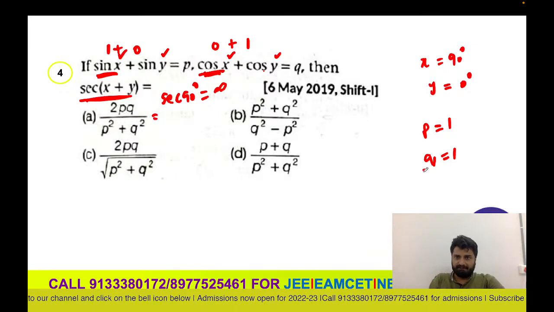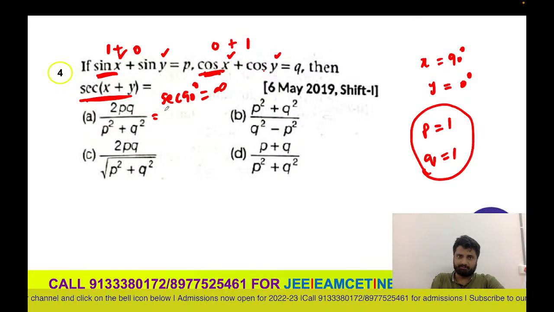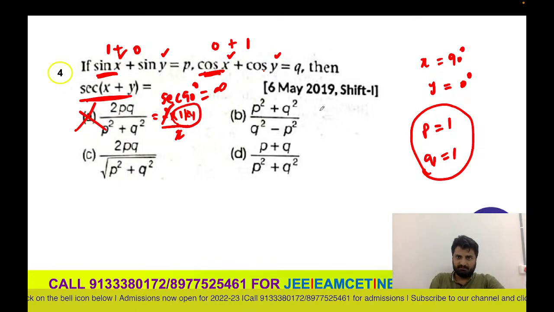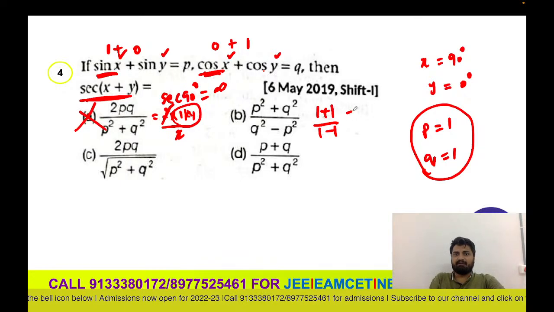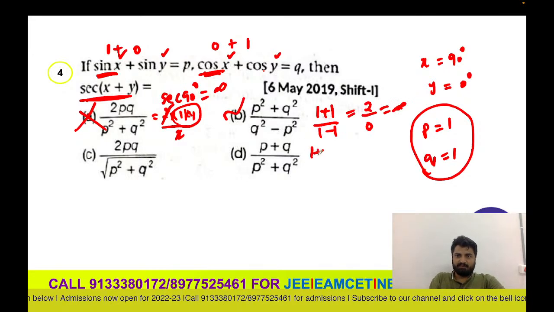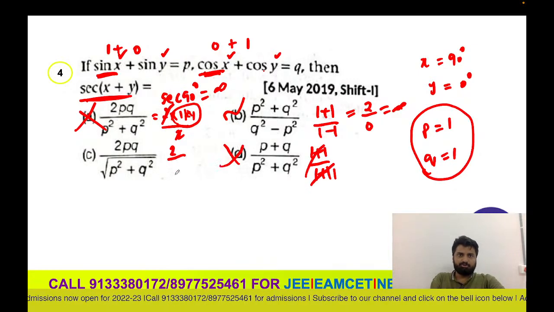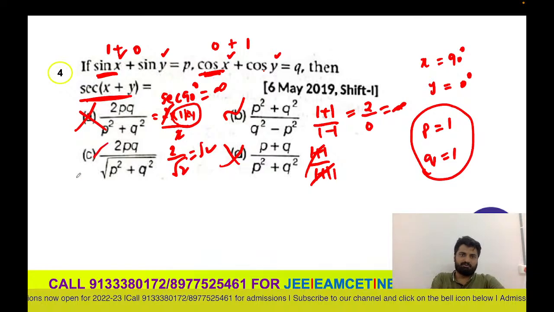If you substitute p and q values now in the first option, 2 into 1 into 1 by 1 plus 1, 2 cancel, answer 1, not possible. This is 1 plus 1 by 1 minus 1, 2 by 0, infinity, maybe. This is 1 plus 1 by 1 plus 1, both cancelled, not possible. This 2 by root 2 not possible.